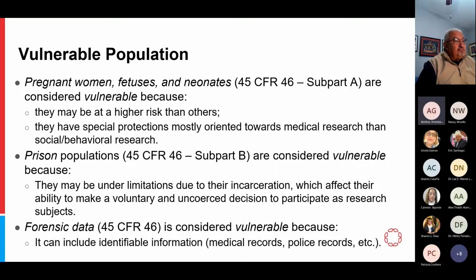Y cuando un hueso empieza a hablar, no hay quien lo calle. Okay? Just think about some of the cases that we have over here in Florida. The school that we have in Ocala, they found human bones, and they dug those out and started looking at those, and they identified people that had disappeared 60, 70 years ago. Okay, so forensic data is also a vulnerable group.